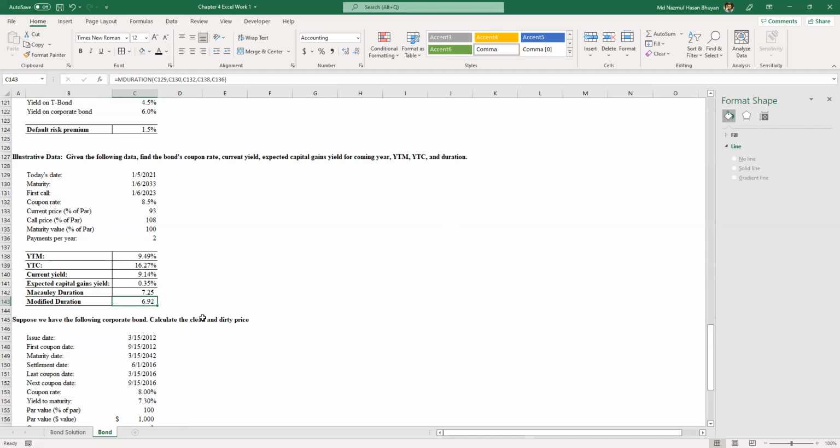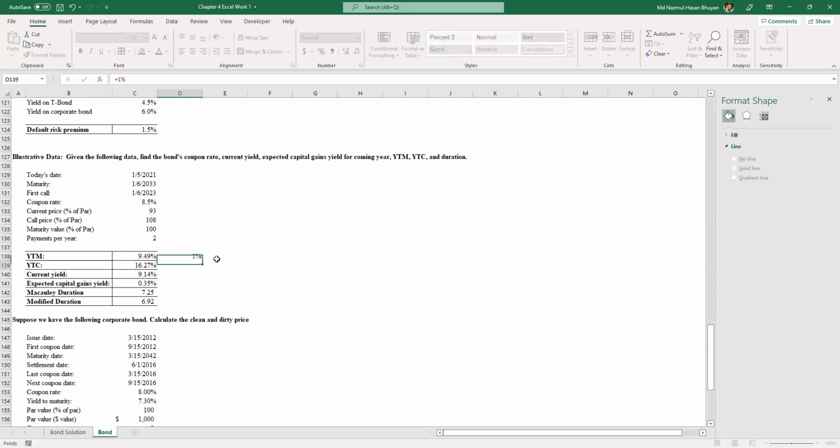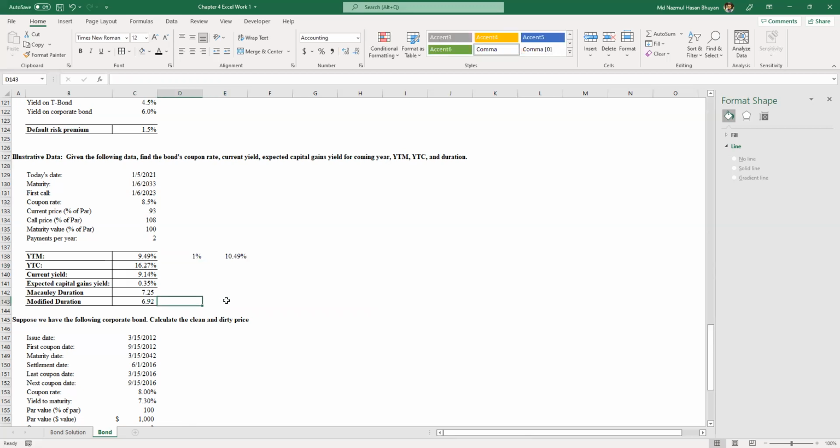So here, now you can see, the current bond price is how much? 93%. Now say yield to maturity changes by positive 1%. So that means yield to maturity is now 10.49%. Now let us calculate the bond price with this new yield to maturity.